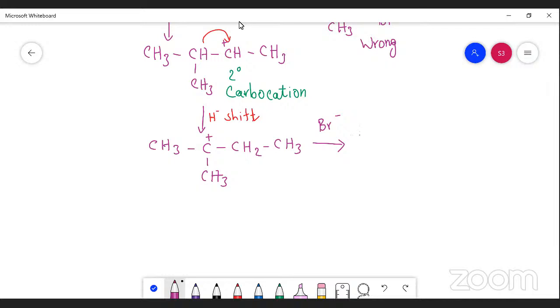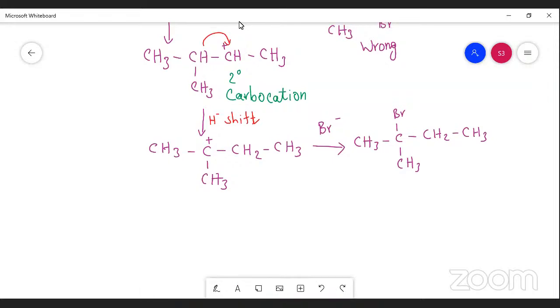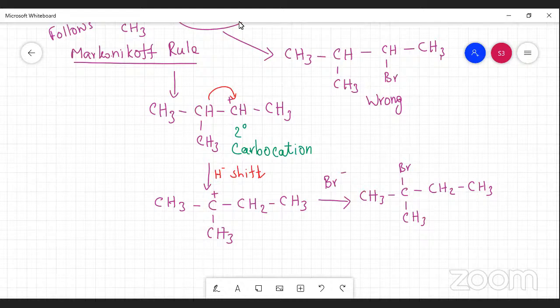Here it is CH3, C, with Br, CH2, and CH3. So while we are taking this compound, what is that?